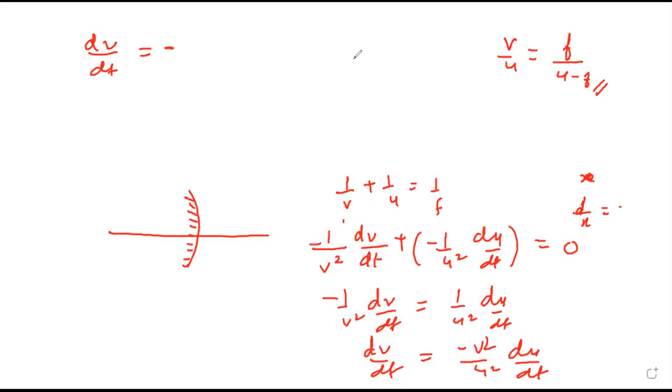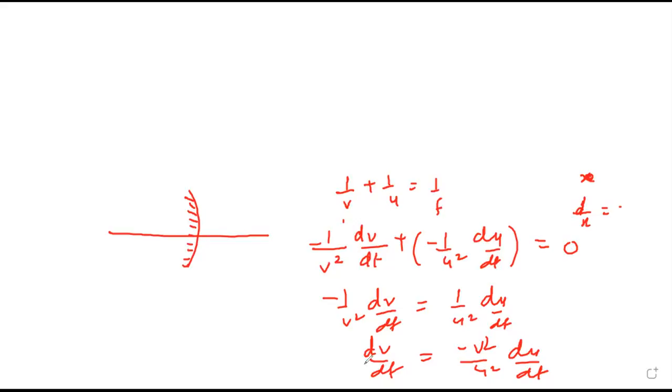Any doubt till this? You can't cancel dv by dt and du by dt. It is nothing but the image speed, and du by dt is the object speed.